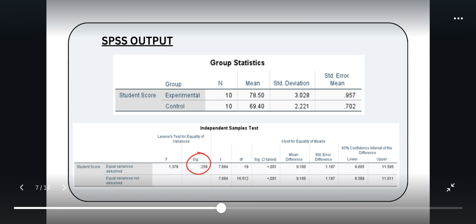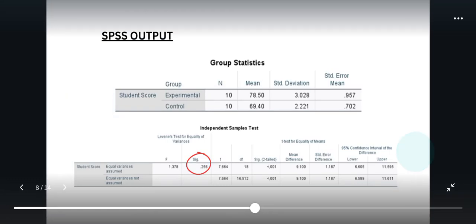The confidence interval ranges from 6.605 to 9.595. Because this interval does not include zero, the difference is statistically significant. Therefore, it can be concluded that teaching writing using picture series is effective.